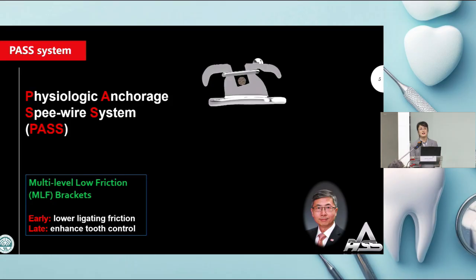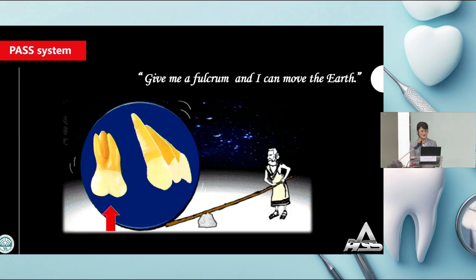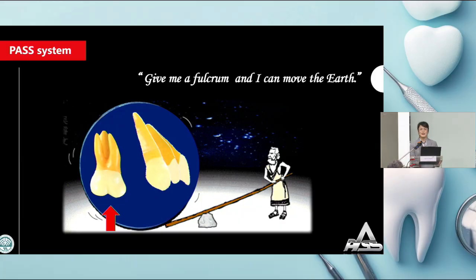Like an architect always says, less is more. Here and here, we can have much control. With these weapons, we can move the tooth backward easily, just like the saying, give me a fulcrum and I can move the earth.